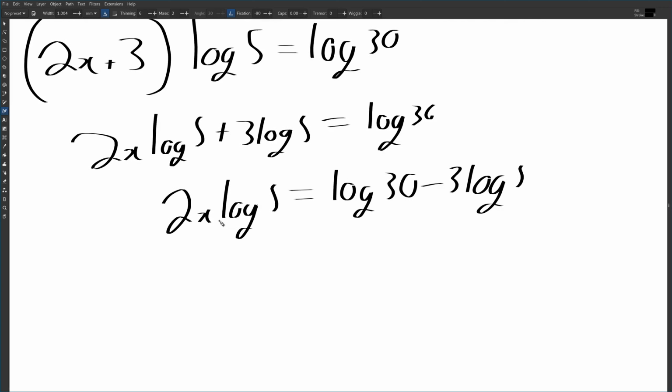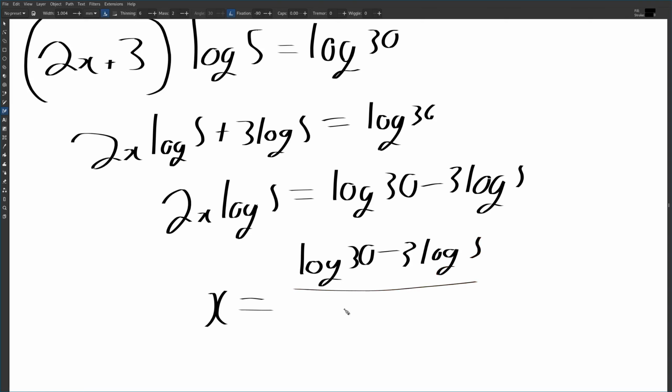Okay, and finally, we're going to divide both sides by 2 log 5. So x is equal to log 30 minus 3 log 5 divided by the quantity 2 log 5.